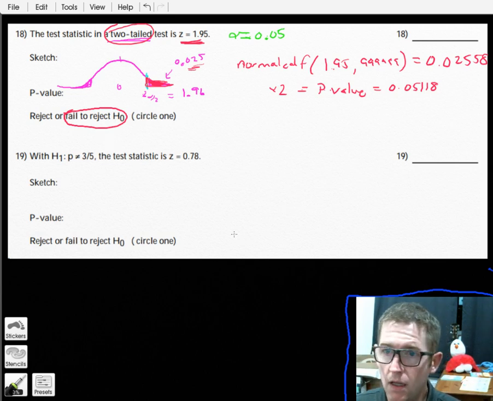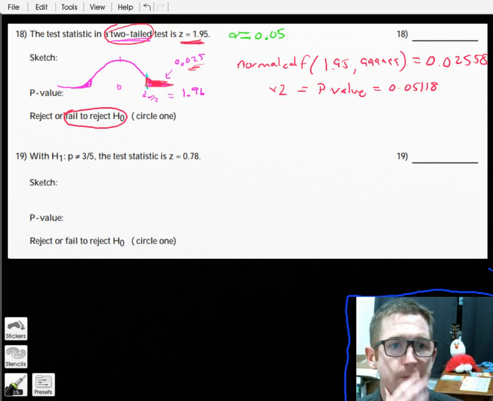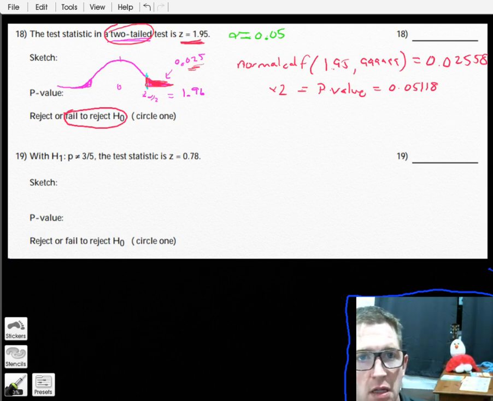Okay. I'm going to try and move to 19 on the same piece of paper. All right. With the alternative hypothesis stating that the proportion is not equal to 3/5, this tells us that this is two-tailed.